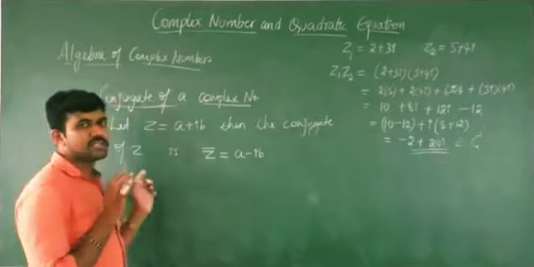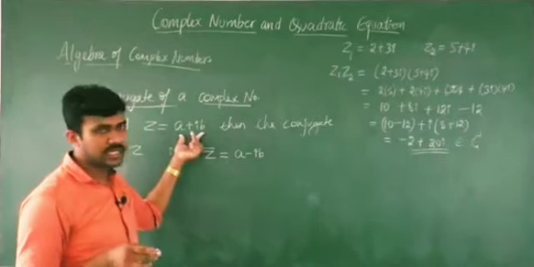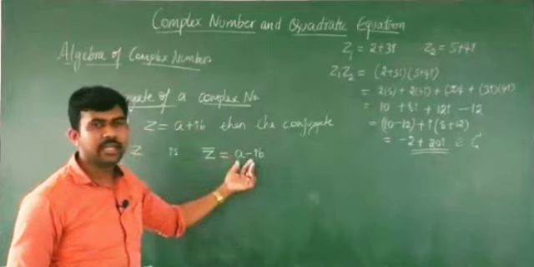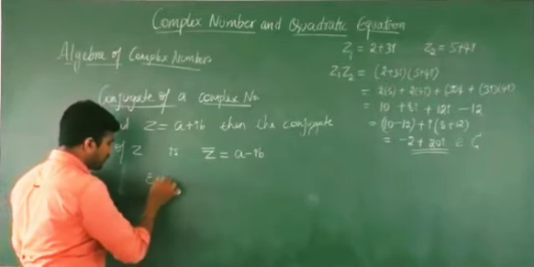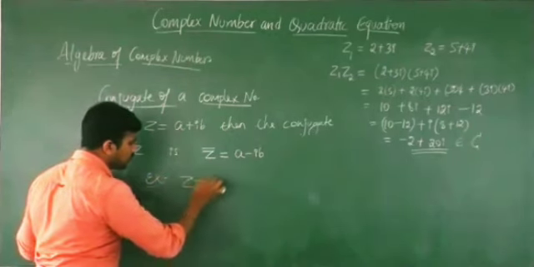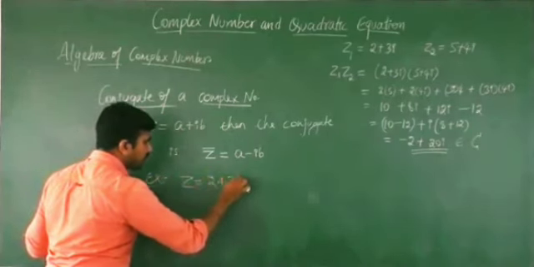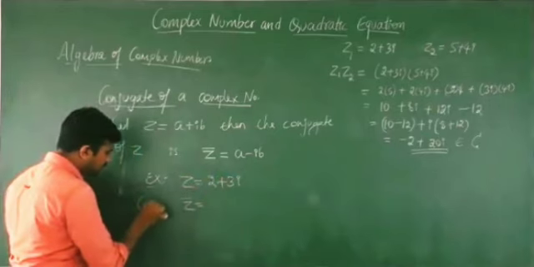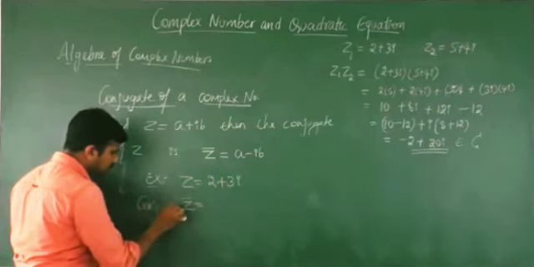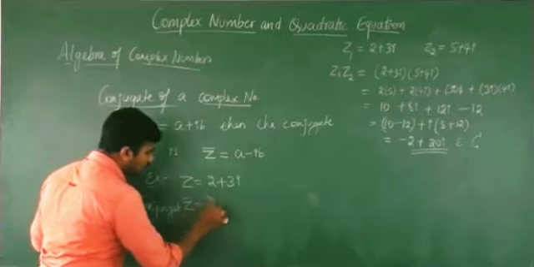Or if you have a complex number a minus ib, then its conjugate is a plus ib. For example, if they give z is equal to 2 plus 3i, its conjugate, that is z bar, is 2 minus 3i.